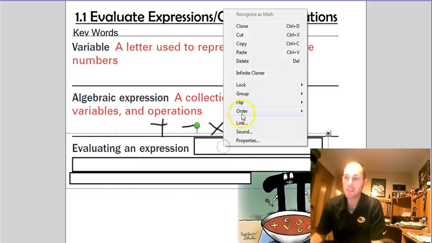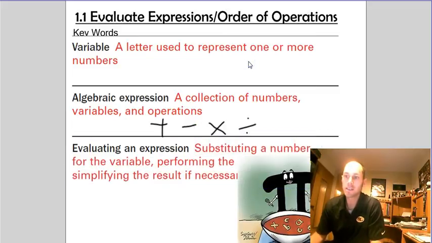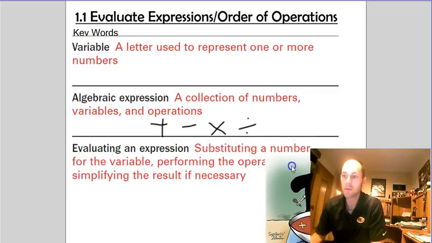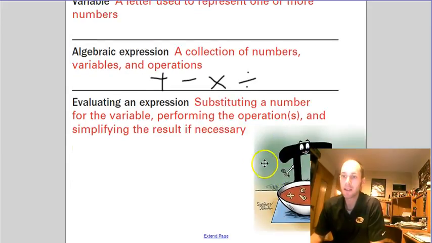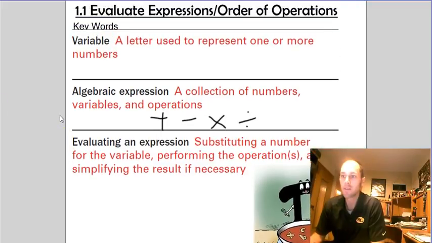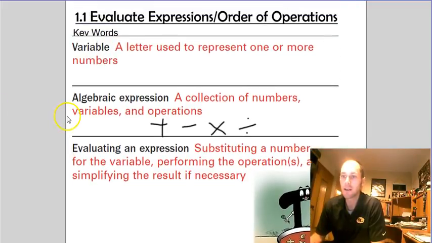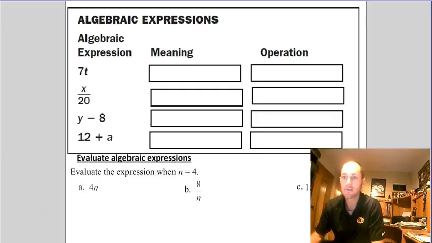When I evaluate an expression, all that means is I'm substituting the number in for the variable and performing the necessary operations, simplifying it down like we did with those previous examples. Feel free to pause the video and copy down those definitions.